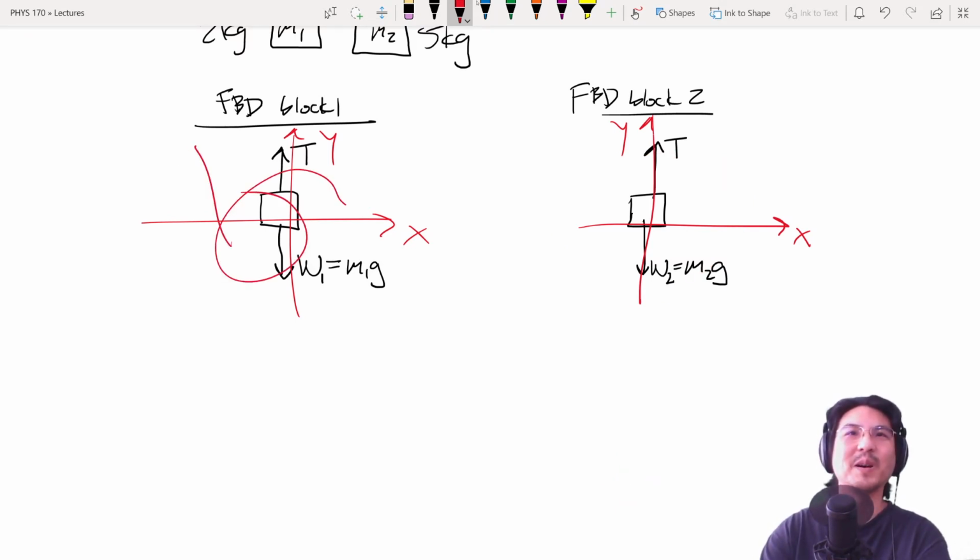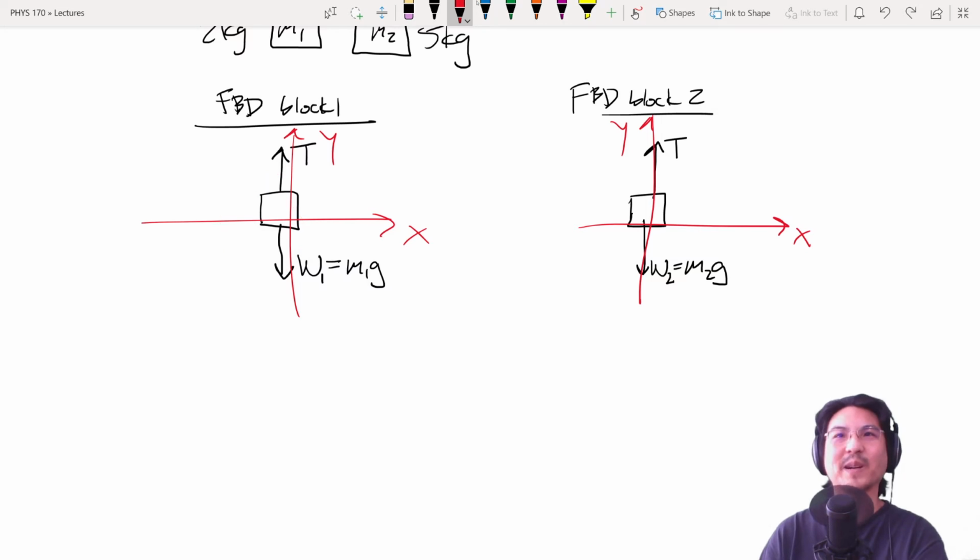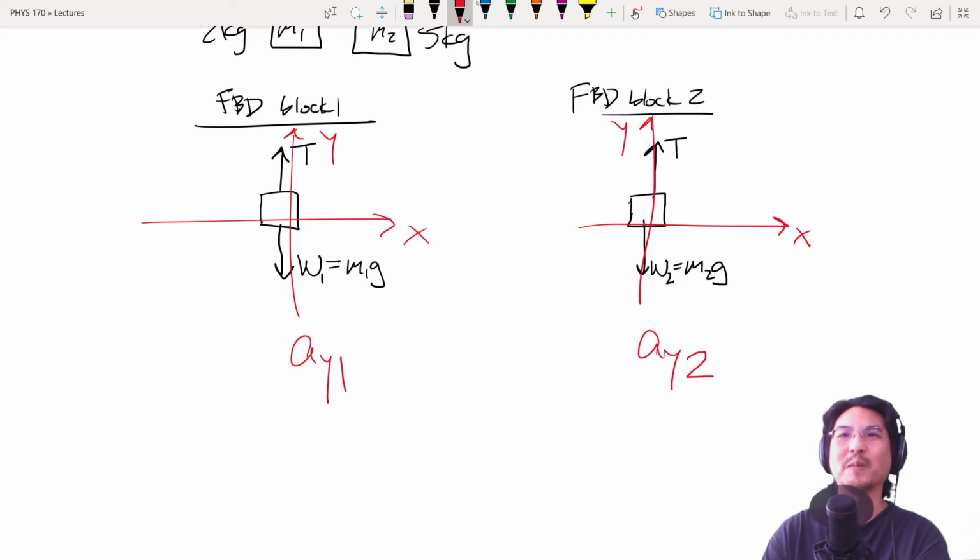This block is going to go up in the positive y direction. So then the acceleration of block 1, ay, is going to be positive for block 1, and the acceleration in the y direction for block 2 is going to be negative. So ay for block 1, ay for block 2 are opposite of each other.